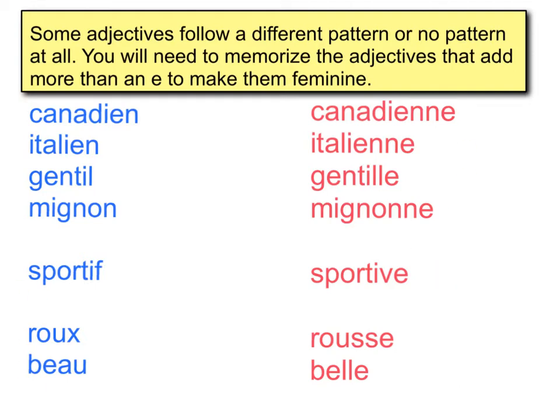Okay. So our first grouping is Canadien, Italien, gentil, mignon. These words, in order to make them feminine, we double the consonant and then add the E. Double the consonant, E. Double the consonant, E. Okay, so it does follow a pattern, it's just a different pattern.